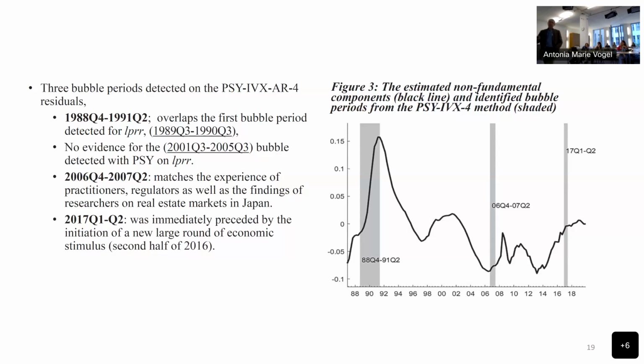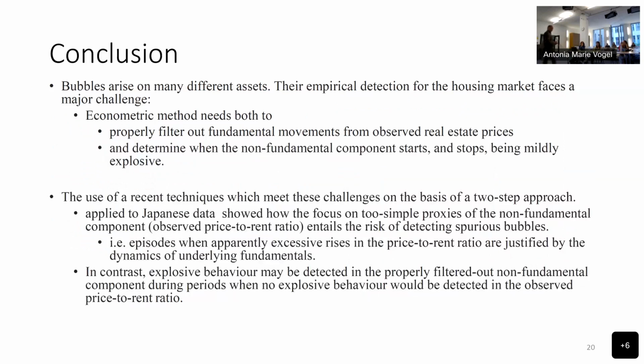And of course, you have the last one where there was some stimulus by the Japanese authorities. So that makes some sense. And the eyeballing seems to be okay because we see that during these 3 episodes, definitely the non-fundamental component of the price was rising.